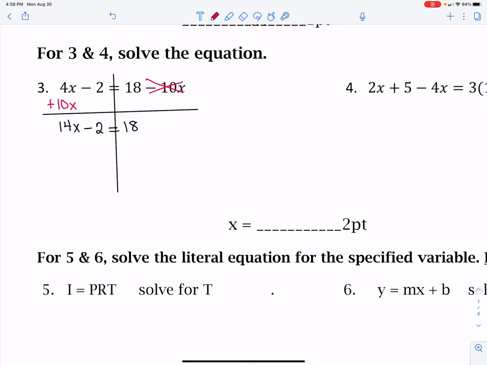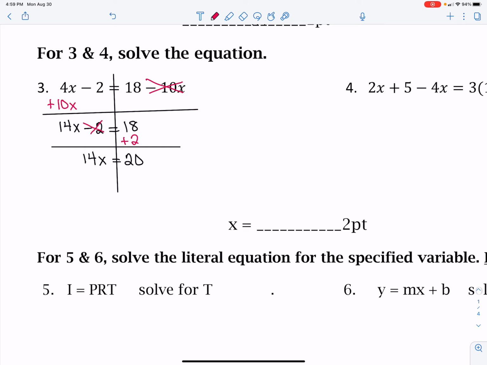Now I've got all my variables to one side, so let's get all the constants to the other side. So instead of subtracting 2 on the left side, I'm going to add 2 on the right side. So I've got 14x equals 20. Okay. 14 and x are being multiplied. Even if it had a negative in front, they would still be multiplied, okay?